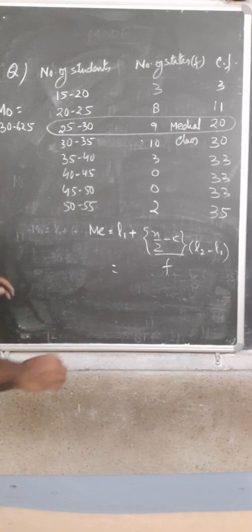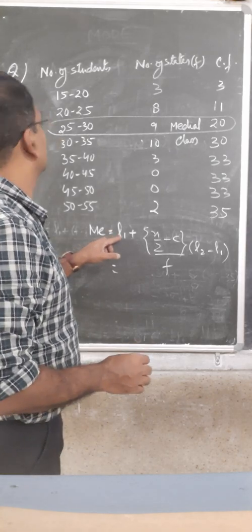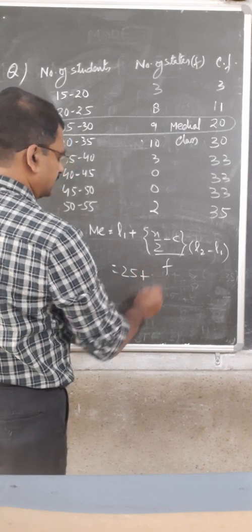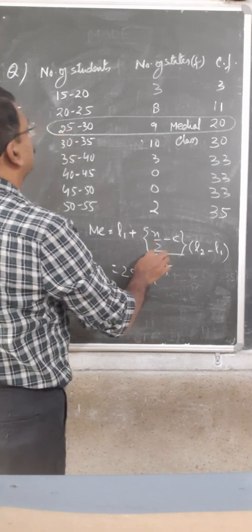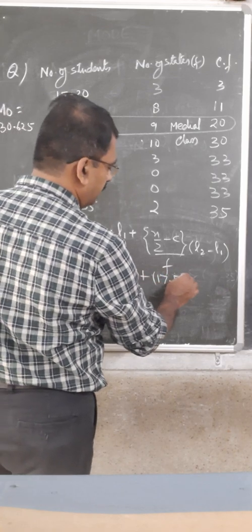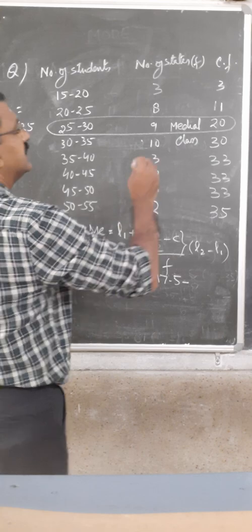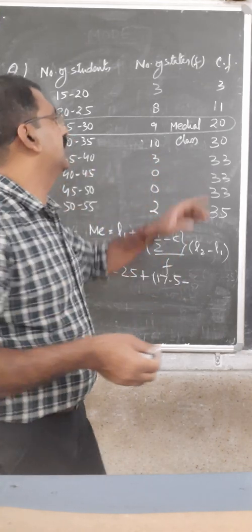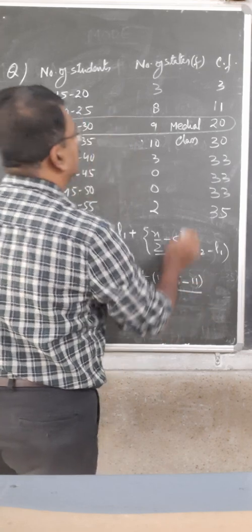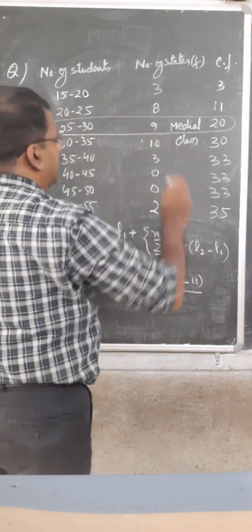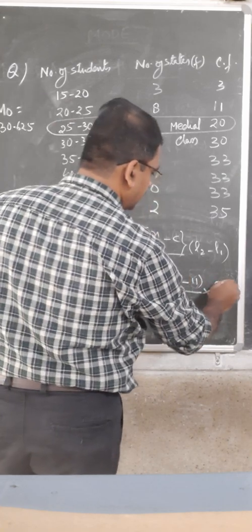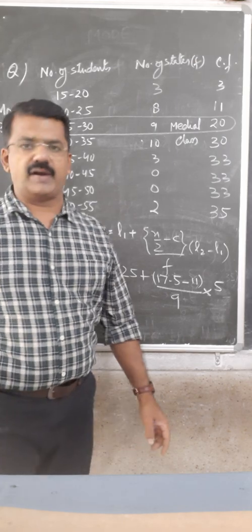Now if you put the values, then L1 is 25 plus, n by 2 means 35 by 2, or you can write 17.5, minus c. C is the cumulative frequency of the pre-median class, that is 11. So minus 11 upon the frequency of the median class, which is 9. And L2 minus L1 is 5.